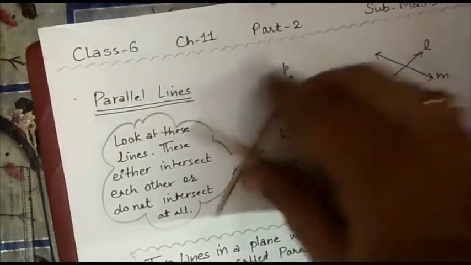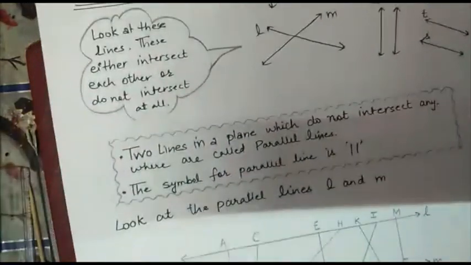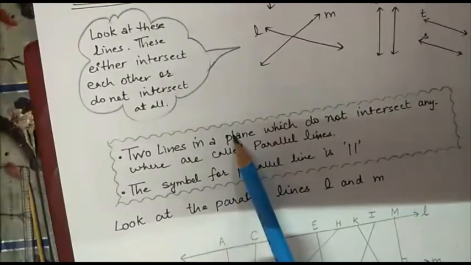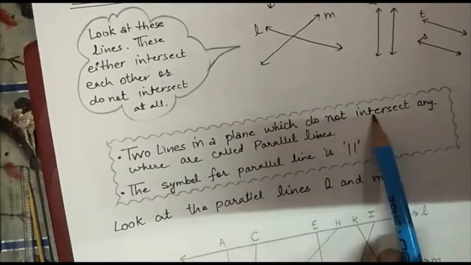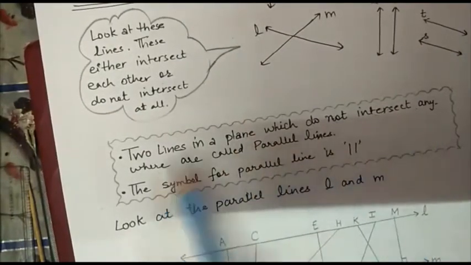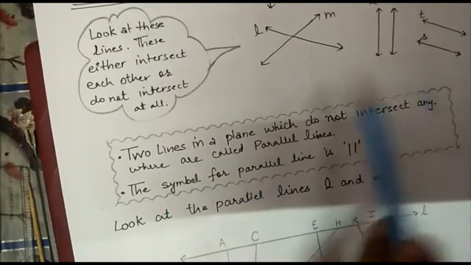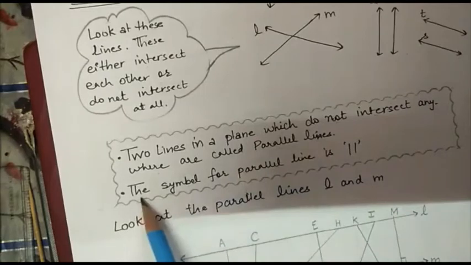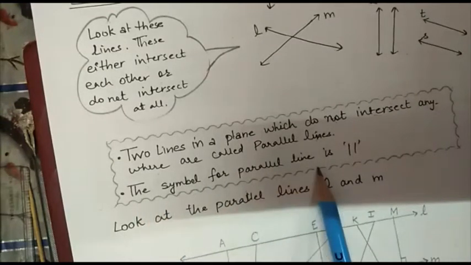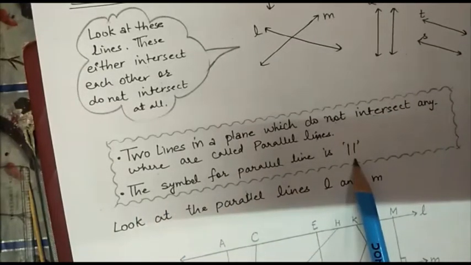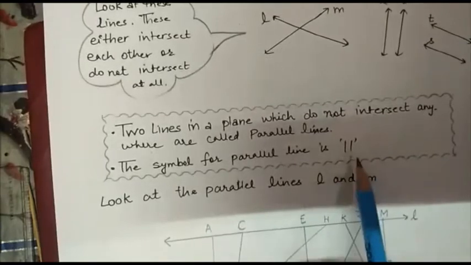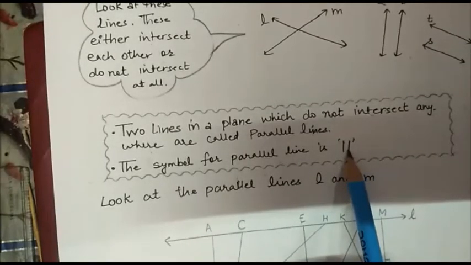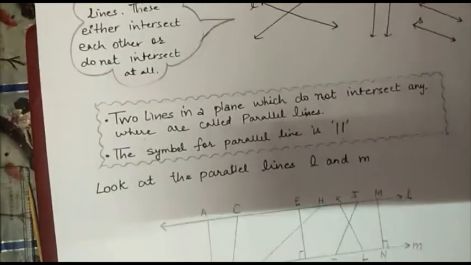So what does it mean? Two lines in a plane which do not intersect anywhere, like these lines, are called parallel lines, and the symbol for parallel lines is this. We put two vertical lines which seem parallel to each other.